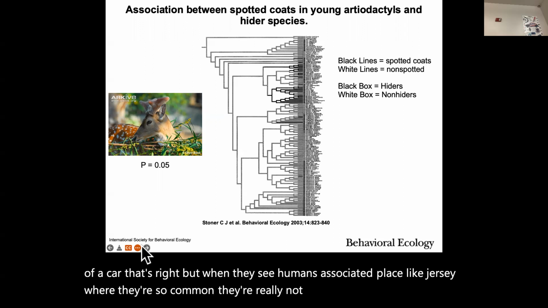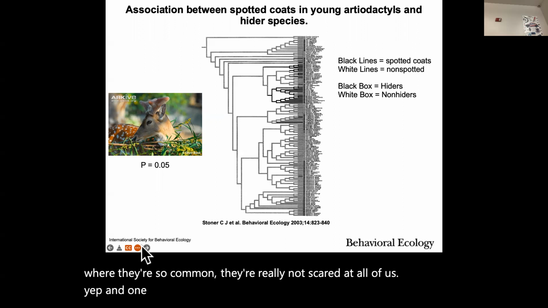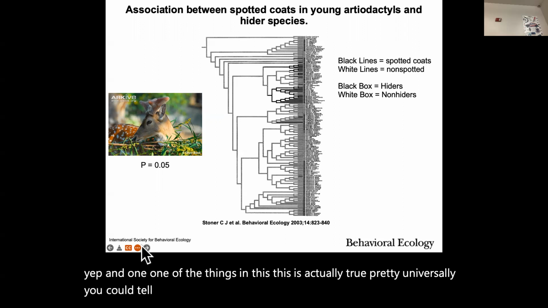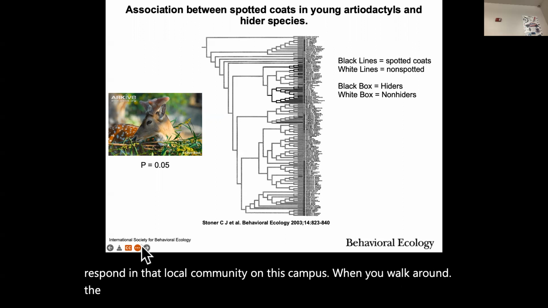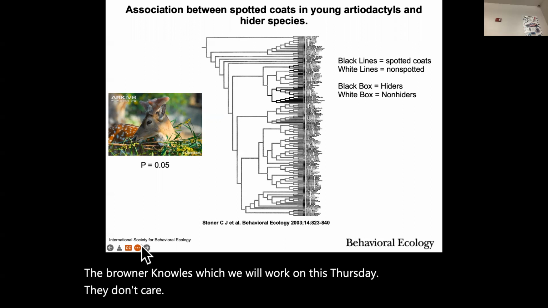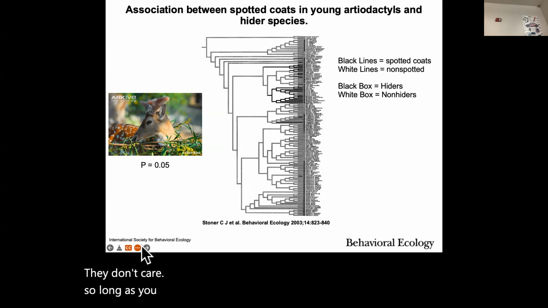they're really not scared at all. Yep. And one of the things, and this is true pretty universally, you can tell a lot about a local community based on how the animals respond in that community. On this campus, when you walk around, the brown anoles, which we will work on this Thursday, they don't care, so long as you behave like a normal human.